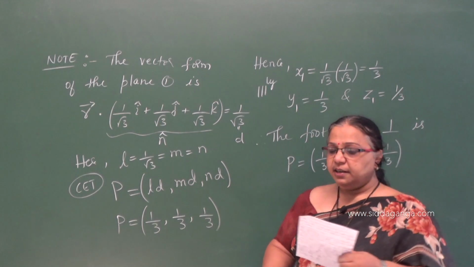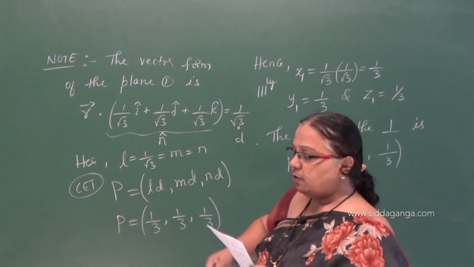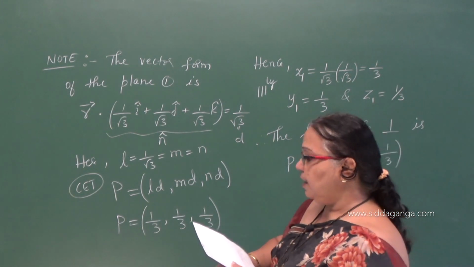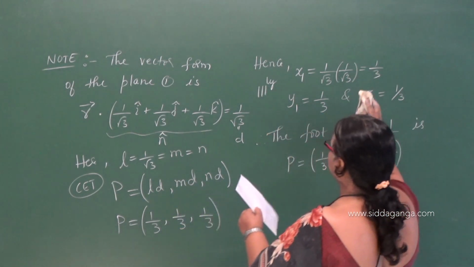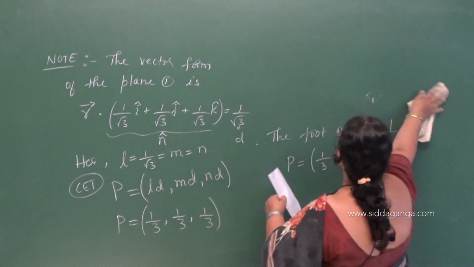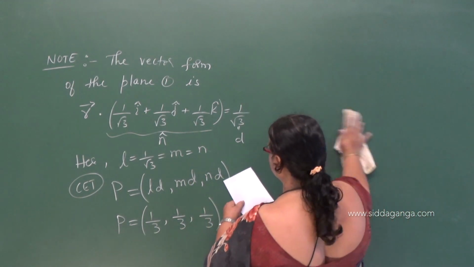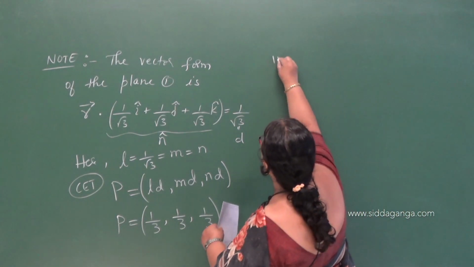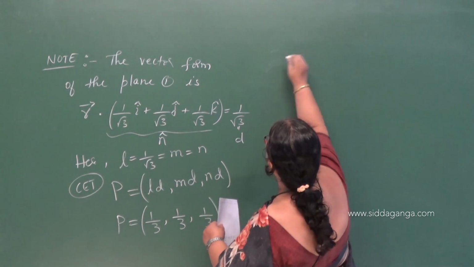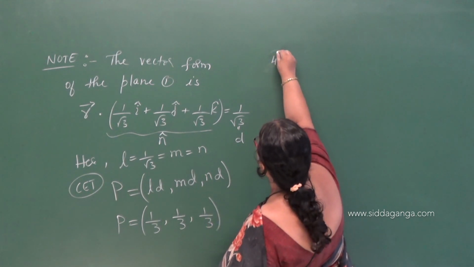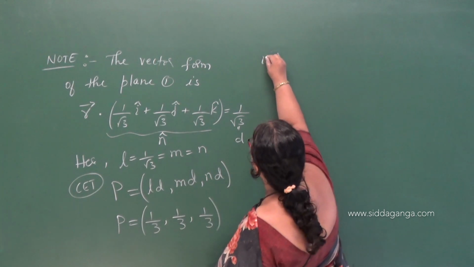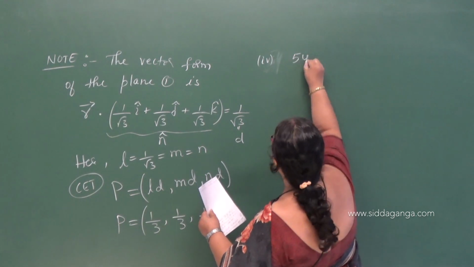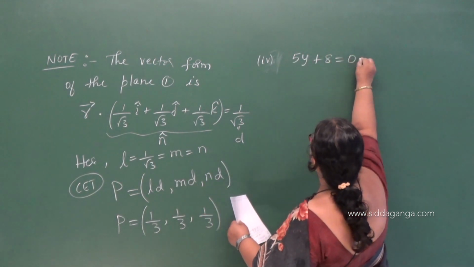Now, in the same way, look at the fourth problem, where only y is present. So let us do that one. Here the fourth problem is 5y plus 8 equal to 0.